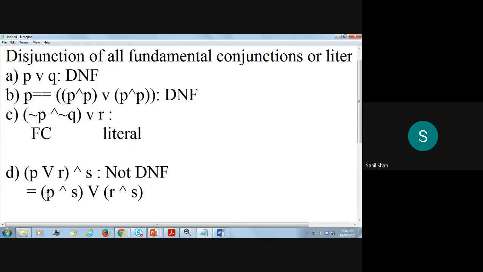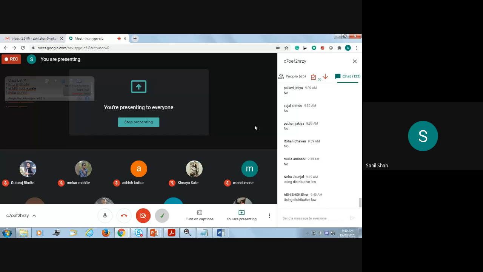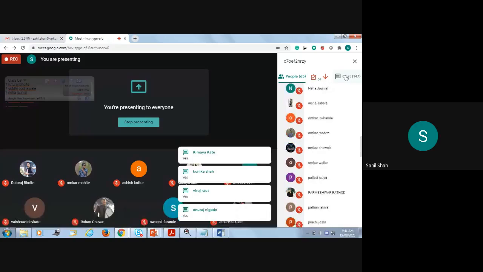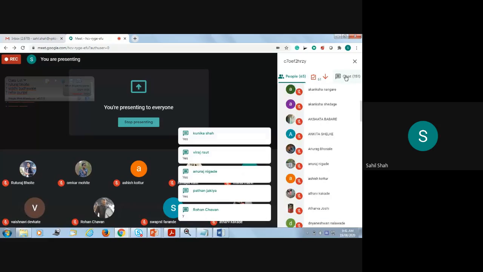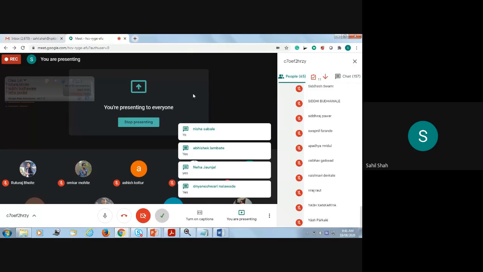Disjunction of fundamental conjunctions and or literals. लक्षात येते का? Is it fine? Shall we move ahead? Any confusion so far? Yes. Okay. Thank you. Okay. Fine.